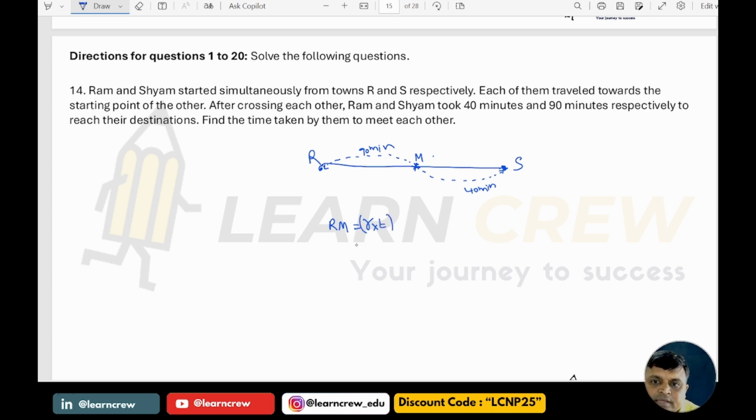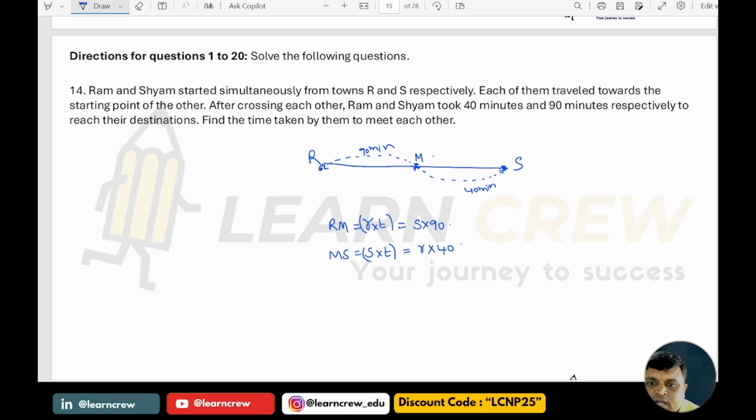And next, this RM is nothing but speed of Shyam, for him it is taking 90 minutes, right? So from this RT is equal to 90S. Similarly, MS is nothing but S into T with the speed of S. They are meeting together in T time. So it is with R speed in 40 minutes.